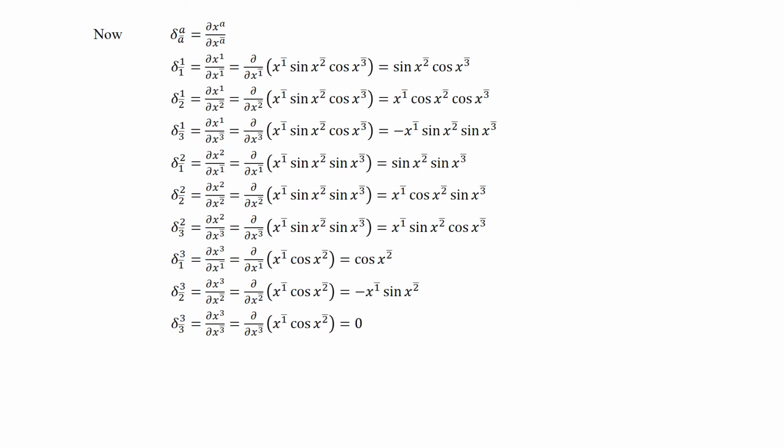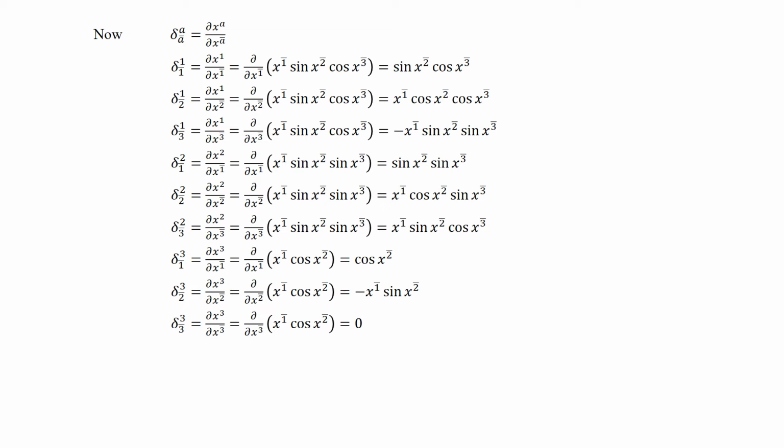Now again taking the derivative of the same term with respect to x3 bar, which is cos x3 bar, the first two terms x1 bar sin x2 bar are treated as constant, and the derivative of cos is minus sin of the angle. So we get minus x1 bar sin x2 bar sin x3 bar. In this case we have taken all three derivatives of the first term.